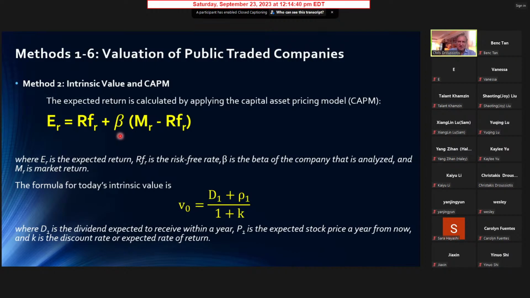If you have the view that the market is going to go up 10% next year and you want to buy Tesla stock, well, Tesla has a beta of 2. So if the market is going up 10%, then Tesla should go up 20%. Also, if the market goes down 10%, then Tesla should go down 20%. So you use the beta, which is on a historical basis, to come up with the expectation of the company. You take the E, you put it in the K here, and then you go back.